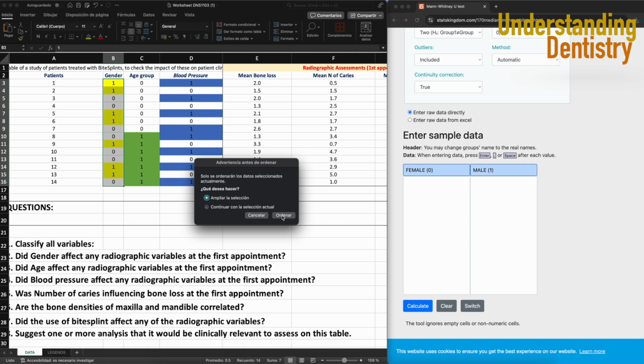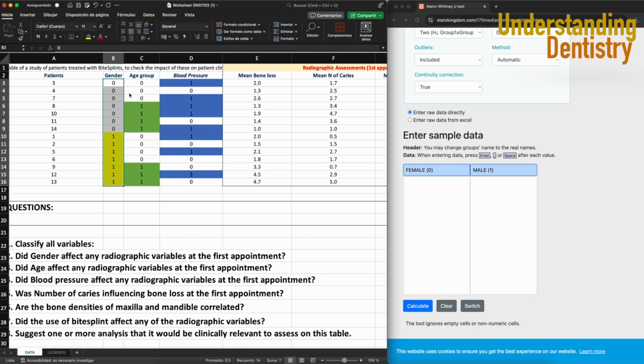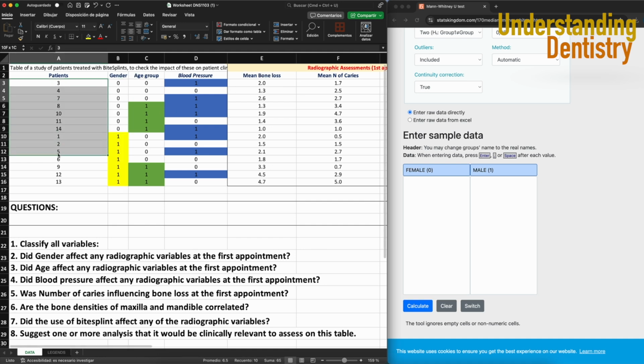And then order. And then take a look at this. We have all the males and all the females separate already. And the other data were changed according to those ones, so they are still the same patients. Look, the patients are mixed now, but not the genders. The genders are organized as you want.